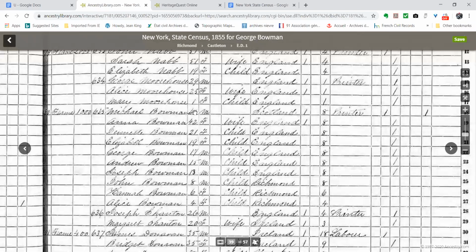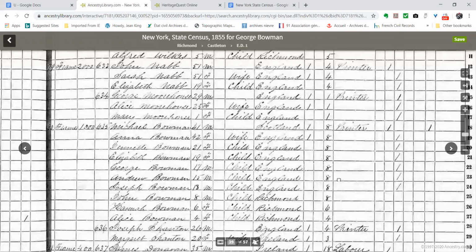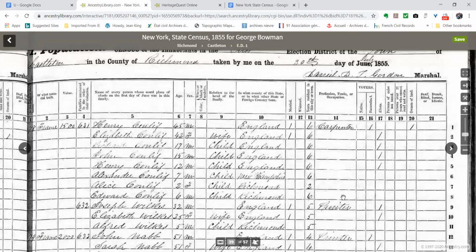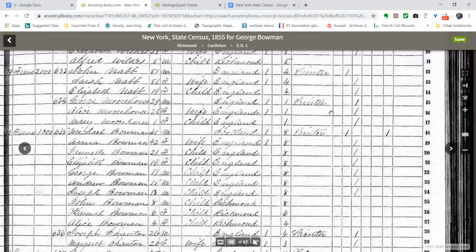And so you can see they're just asking their age. They do give you their relationship, where they were born, his occupation. And look how fancy that handwriting is. It's beautiful, right? And whether or not they were married, which is good, since it shows the two of them were married to each other.